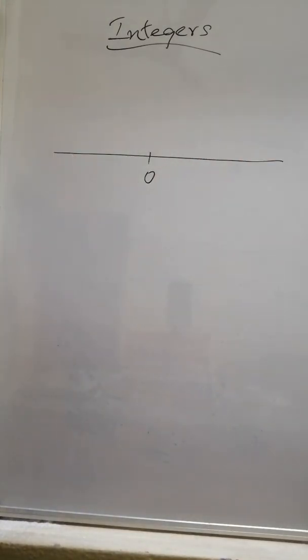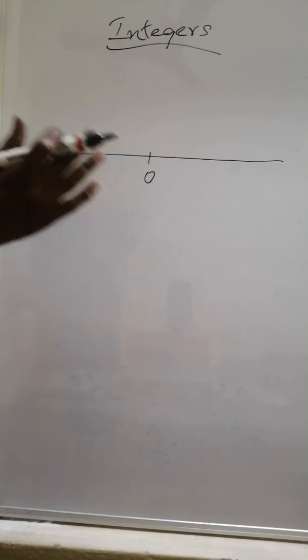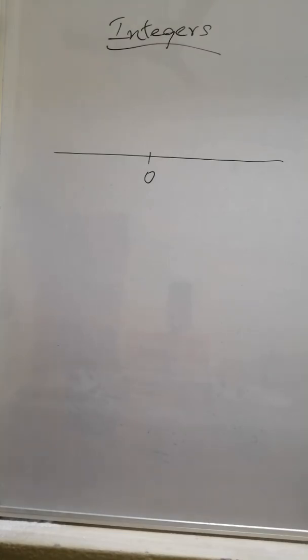Integers are numbers having sign, that is positive and negative sign. Why do they have positive and negative sign? Because they denote direction. Direction means, you know, the east, west, north, south.